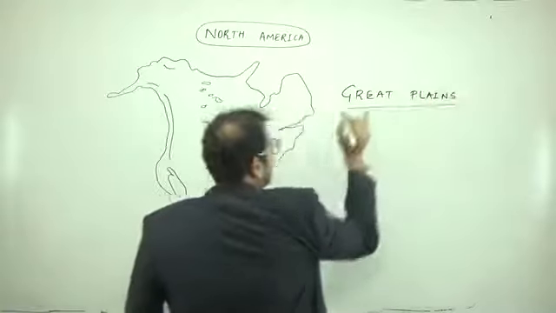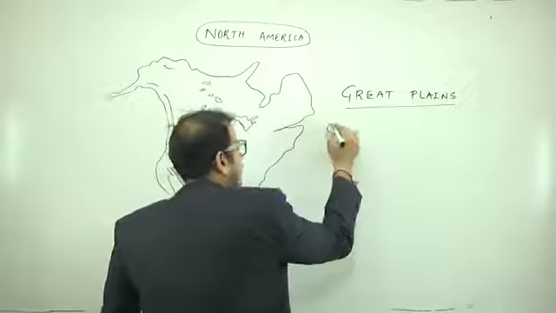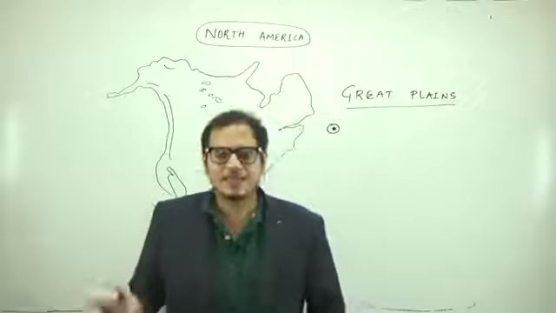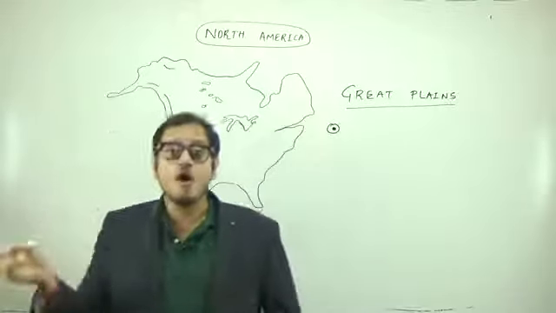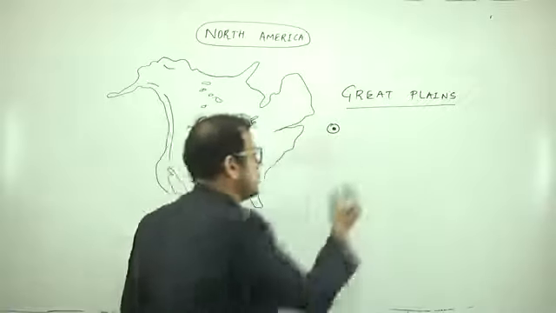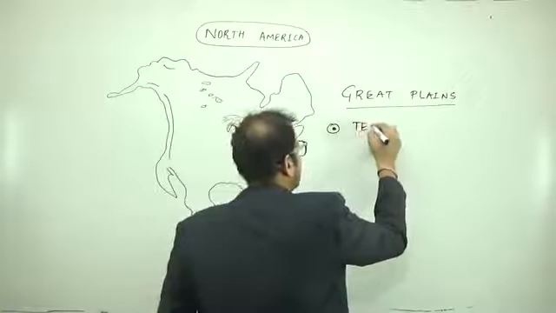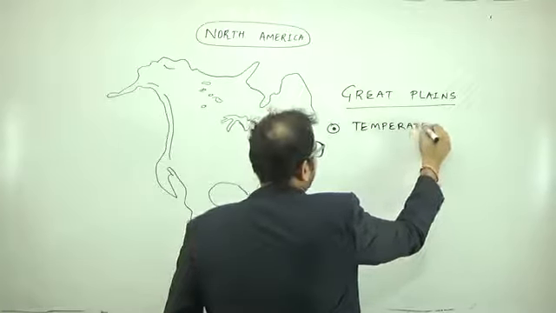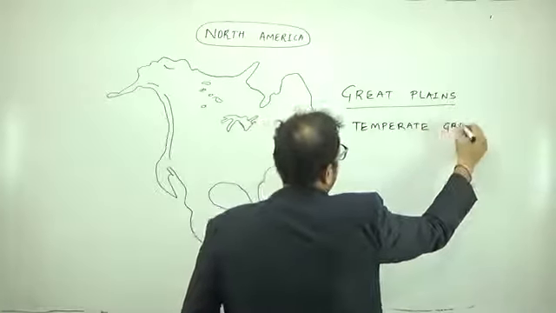What are these Great Plains? These Great Plains are an example of temperate grasslands, that is, whether they are the grasslands in the tropical region or the grasslands in the temperate region, these are examples of temperate grasslands.